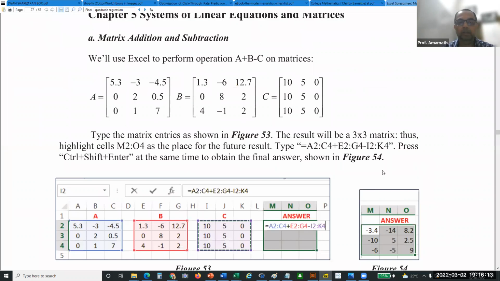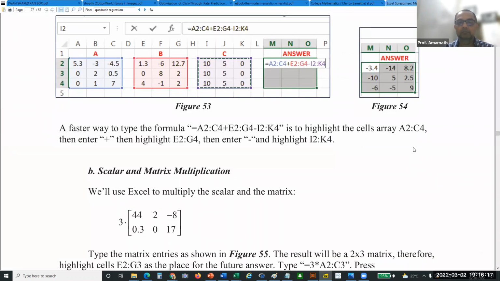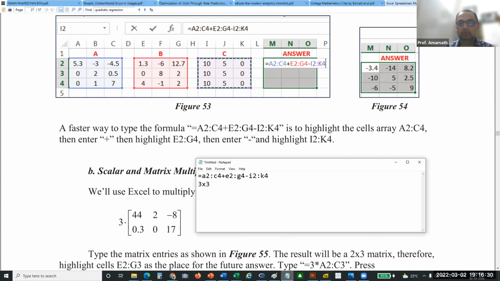Okay, so next will be, so I put minus directly.